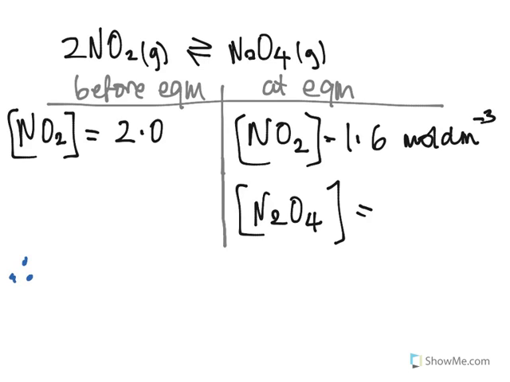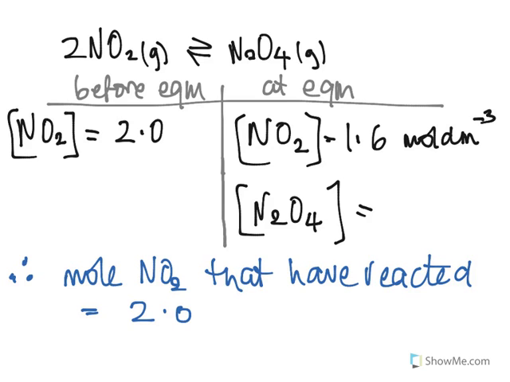We can work out the number of moles of NO2 that have reacted by taking what we started with and what we ended up with, and we see that we have got 0.4 moles. And that's that have reacted.